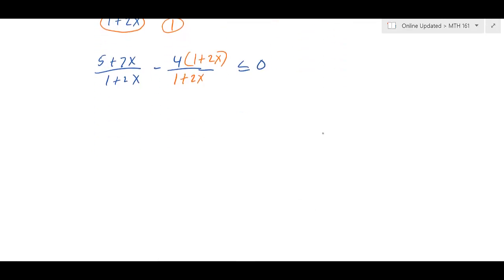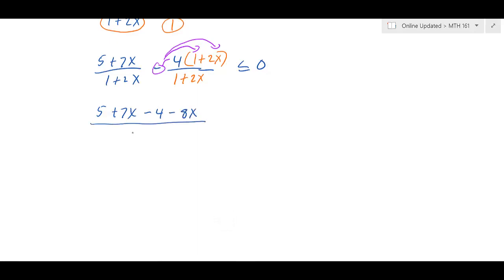So if we simplify this, then we have 5 plus 7x. Now, this negative is with the 4. So when I distribute this, I'm going to distribute not just the 4, but I'm distributing the negative and the 4 here. So that's going to give me negative 4 times 1 is negative 4. Negative 4 and 2x is a negative 8x.